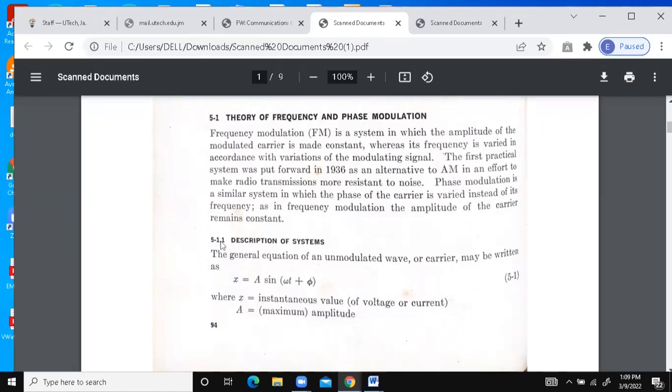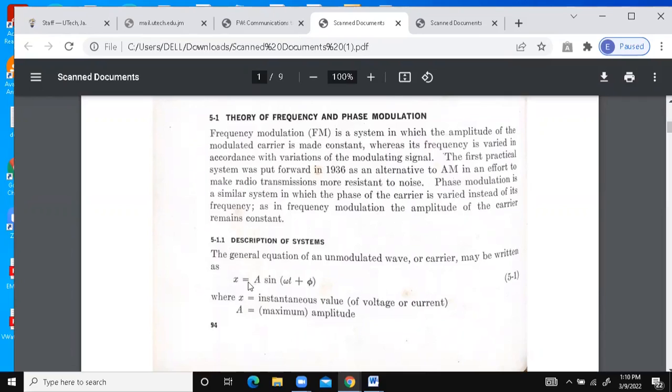You are more than familiar with the general equation of an unmodulated wave or carrier wave, which may be written as a sine wave, right? So you have X, which is the instantaneous value of voltage or current, and A is the maximum amplitude.